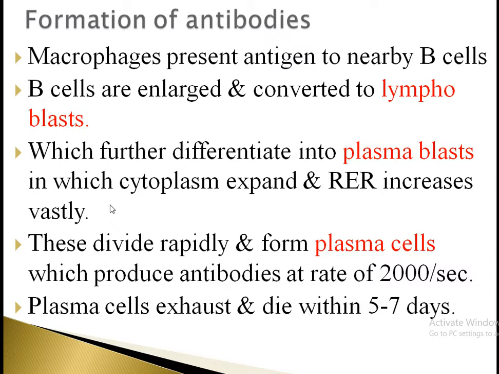For the formation of the antibodies, mainly the macrophages present antigen to nearby B cells, which afterwards enlarge and are converted into lymphoblasts, which change to plasmablasts, and these are the plasma cells which produce antibodies.